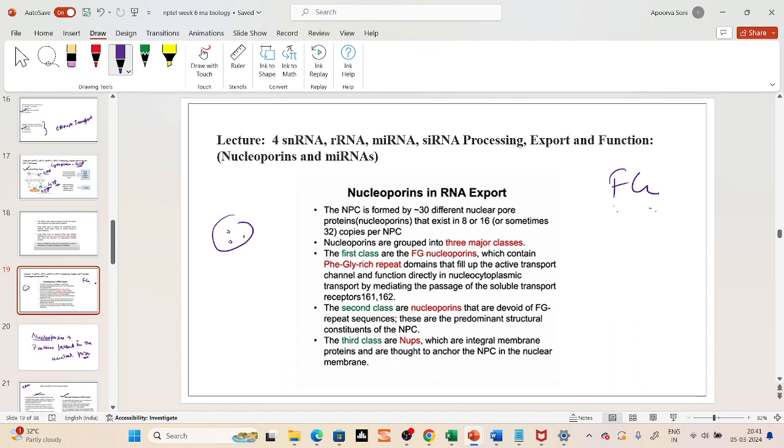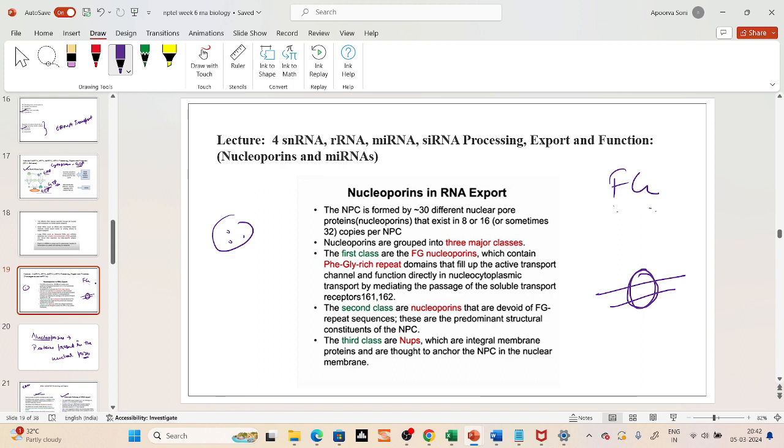Basically, these NUPs are responsible for the nuclear pore complex to remain attached. If this is your nuclear membrane, this is your nuclear pore complex. So these NUPs proteins help in the attachment of this nuclear pore complex with the nuclear membrane, so that this nuclear pore complex does not move anywhere.